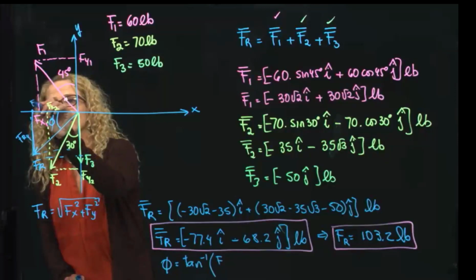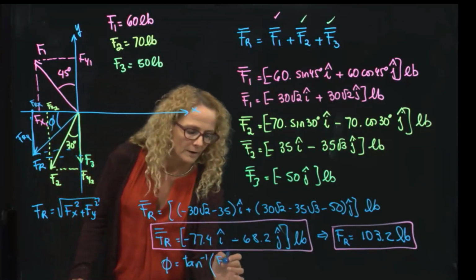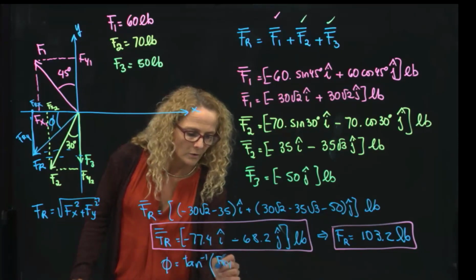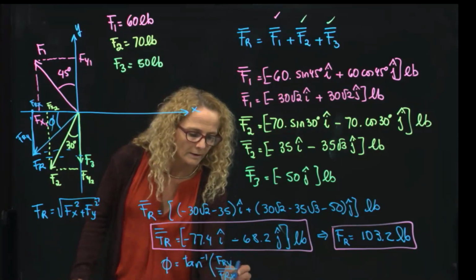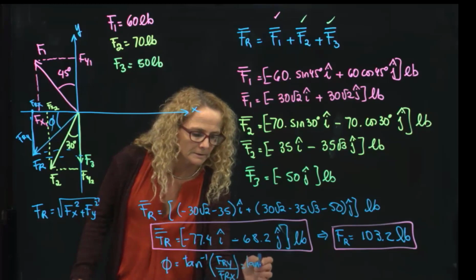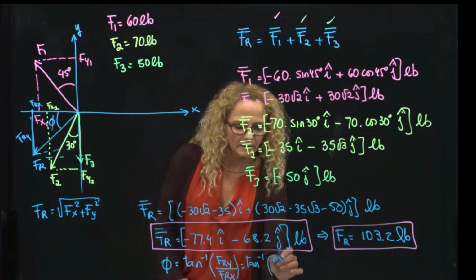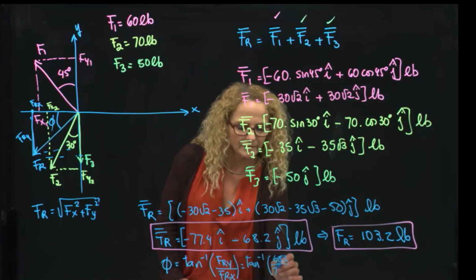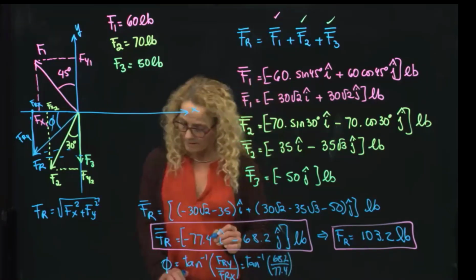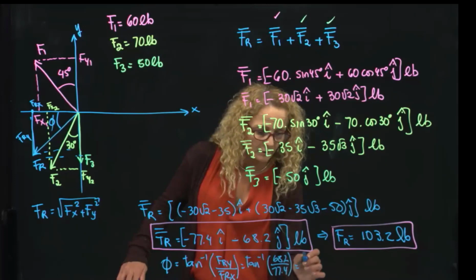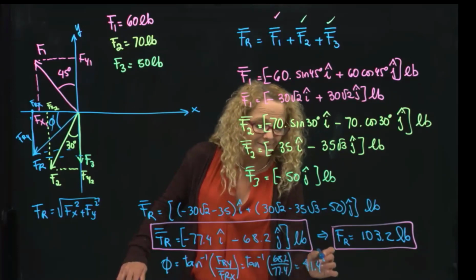So this is Fx and this is Fy. So Fry over Frx, which is the tangent of this value over here, 68.2 divided by 77.4, right? And that gives me a value of 41.4 degrees.